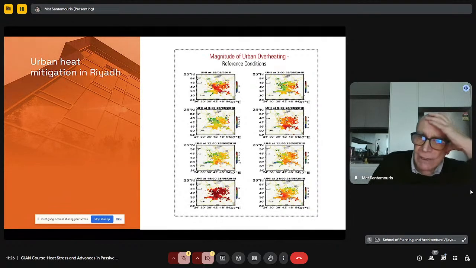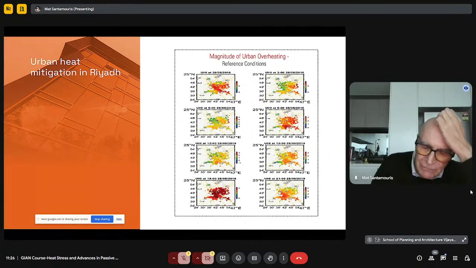So based on it, we have calculated the urban heat island intensity. What is the urban heat island intensity? It is the difference between the different parts of the grid, the different parts of the city, against a defined reference station. And we've done this for the whole period.